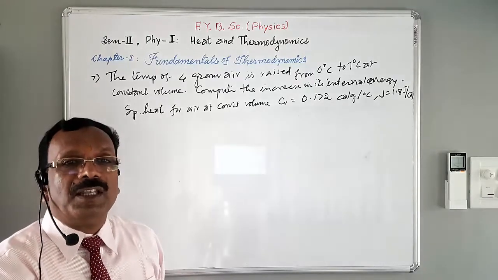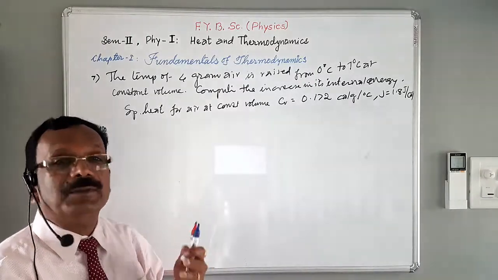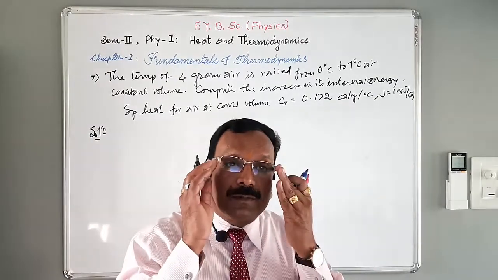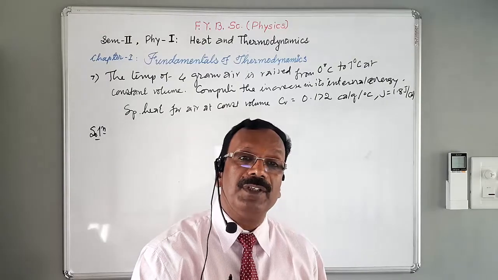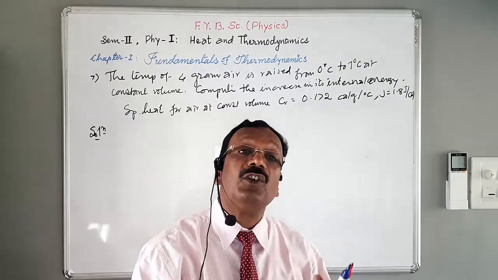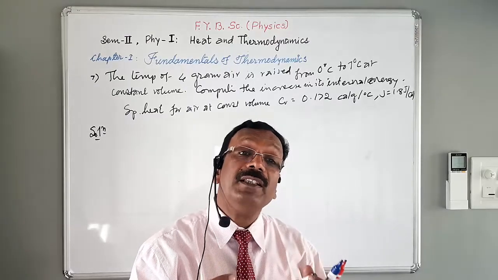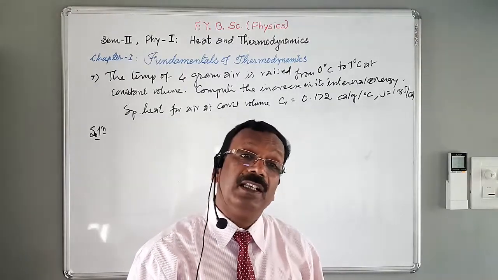From the first law of thermodynamics, we know the change in internal energy. This is the significance of the first law of thermodynamics. The first law introduces the concept of internal energy and provides the method to calculate the change in internal energy.